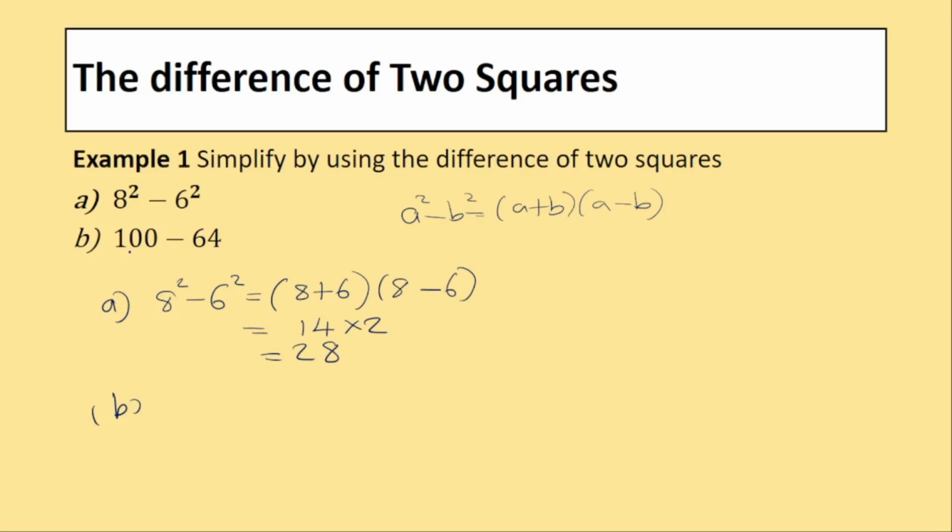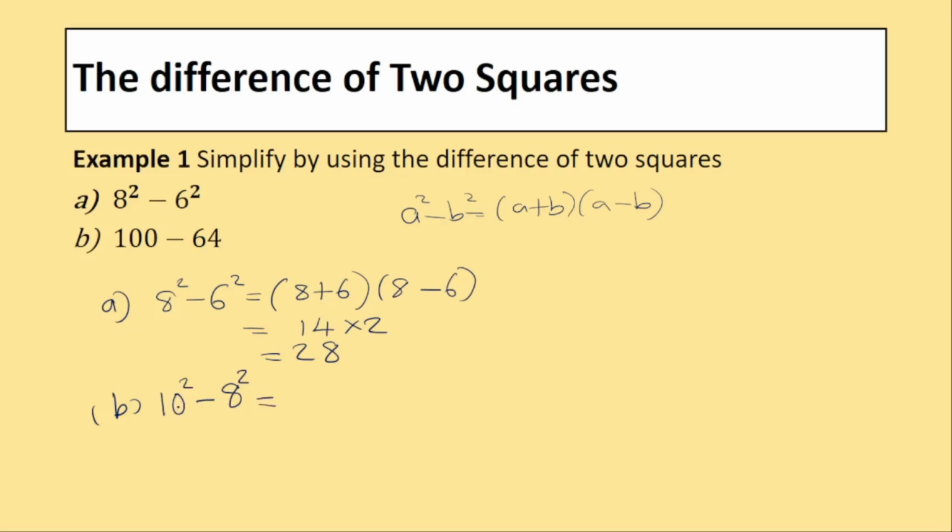So we need to find a number such that when you square it, it's going to give us 100. 10 squared will give us 100, and for us to get 64, we need to square 8. 8 squared will give us 64.